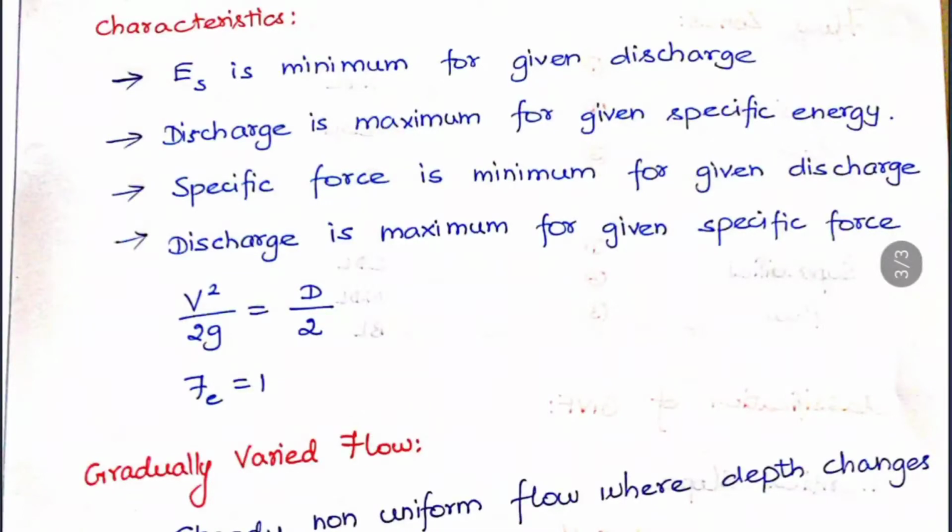So from this you can tell that the velocity head is equal to half the hydraulic depth in a channel of small slope. This is a characteristic of the critical state of flow. And Froude number, we have just seen, that is V by root gD is equal to 1. So Froude number will be equal to unity for this critical state of flow. These are the main outcomes taken from the critical state of flow using the specific energy curve.